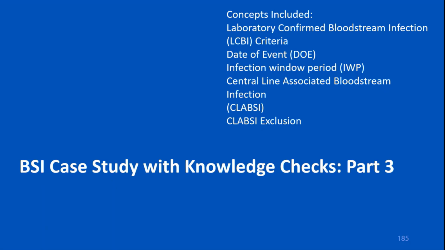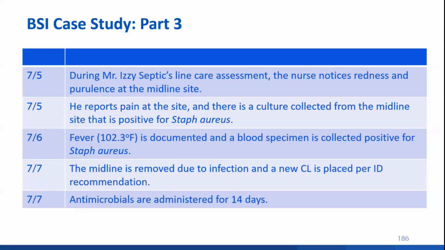Okay, and so we continue with Mr. Izzy Septic, and on 7/5, during his line care assessment, the nurse notices redness and purulence at the midline site. He does report pain, and there's a culture collected from the midline site that is positive for Staph aureus.